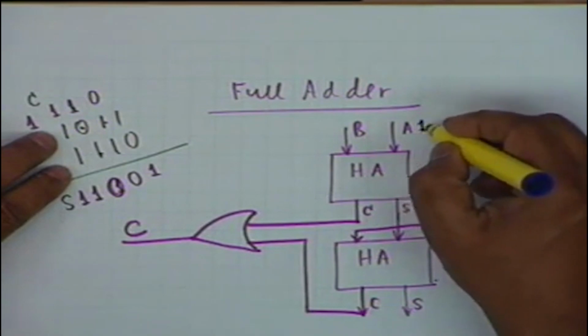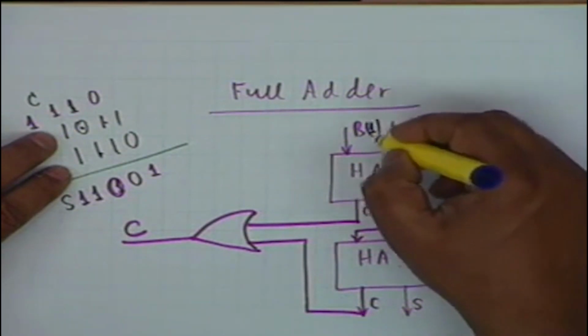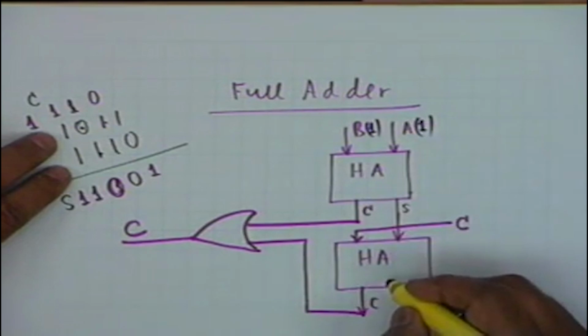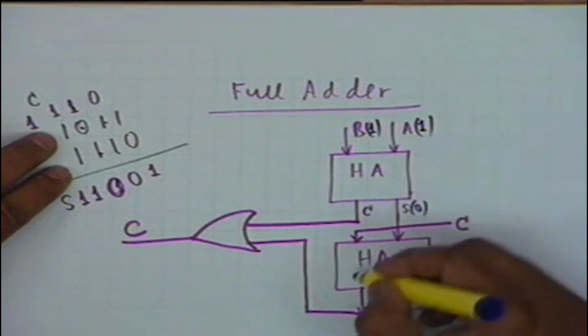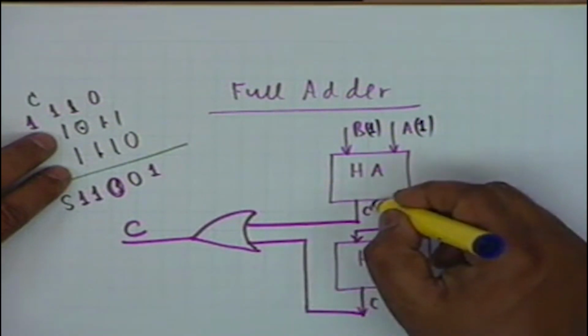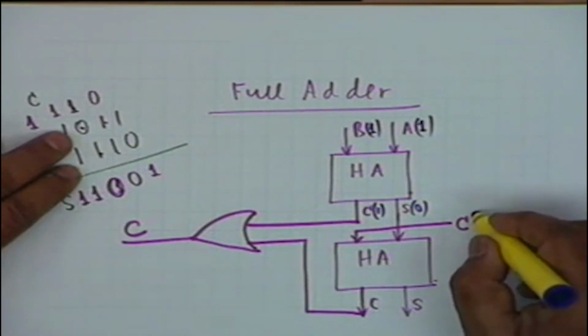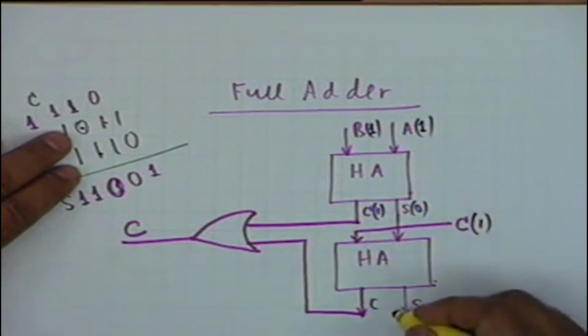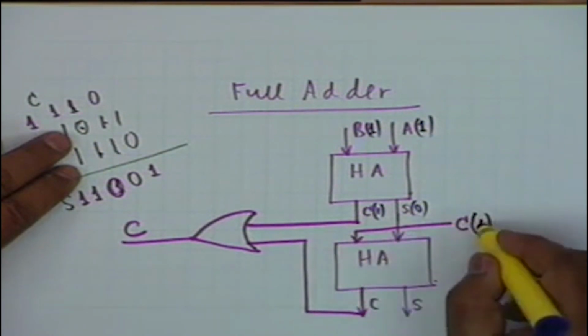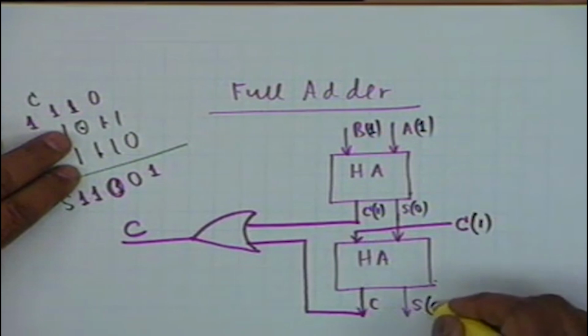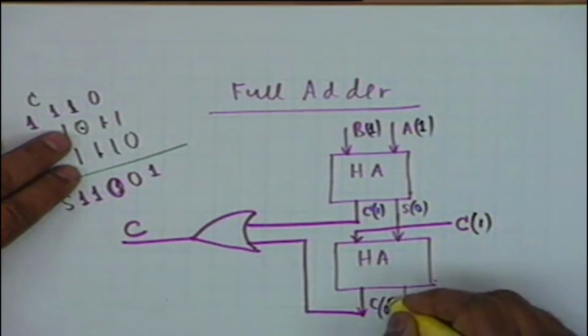Now let's represent this here. A is 1, B is 1. So the sum is 0 and the carry is 1. The previous carry was 1. So the sum and carry, S is now 1 and C is now 0.